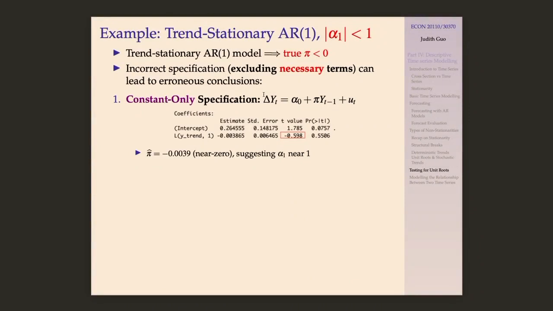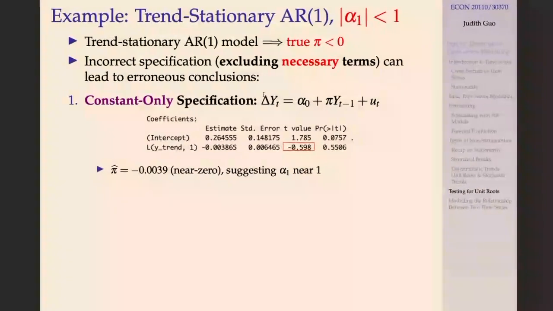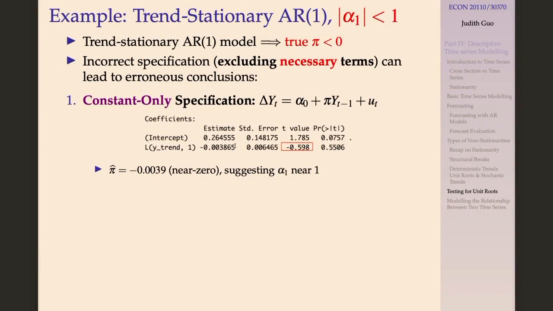Suppose we consider only the constant-only specification, so we only include the alpha naught, but not the delta t in the test. The first thing we observe is for the pi hat, this is minus 0.0039, which is really close to 0, suggesting alpha 1 is close to 1.